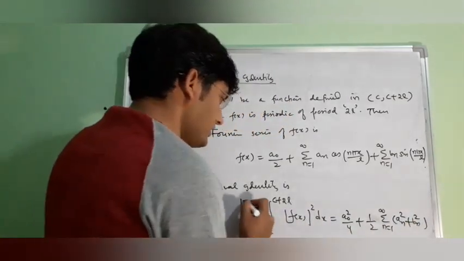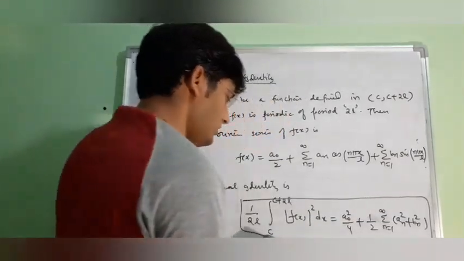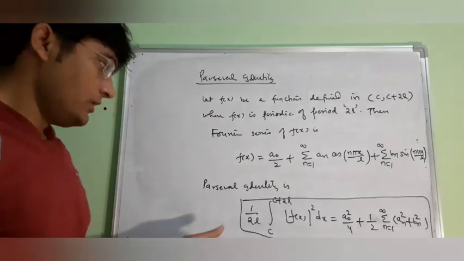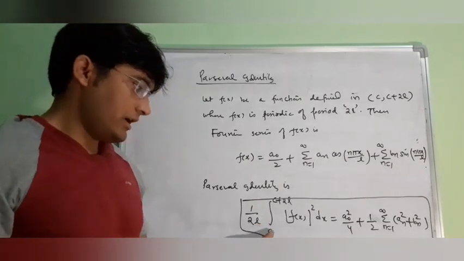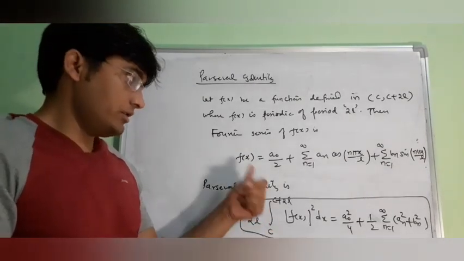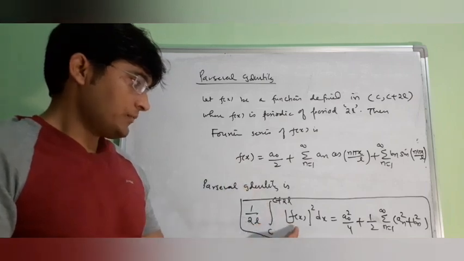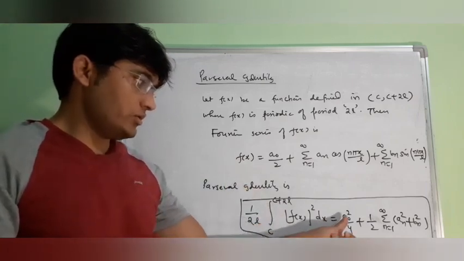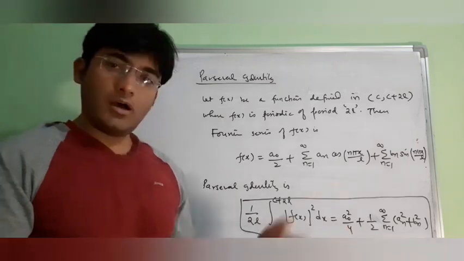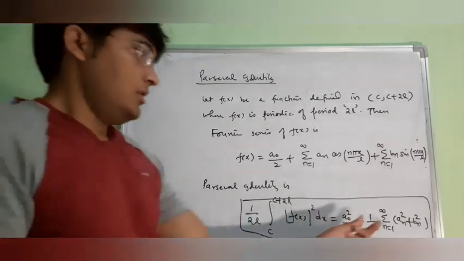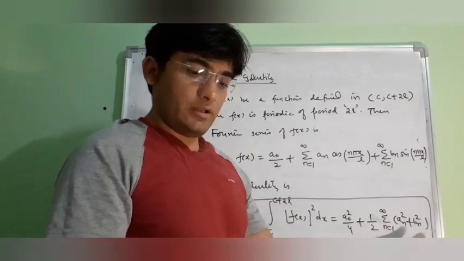So this identity is known as Parseval identity. That means 1 upon 2l, the integral over the interval c to c+2l of f(x) whole square dx, equals a0 square by 4 plus half the sum of the squares of a_n and b_n.